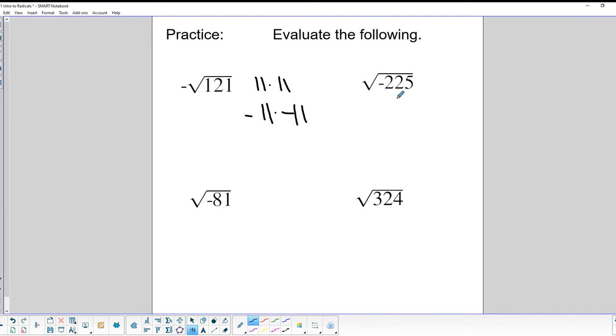For the square root of this, the negative sign is inside the radical symbol, so you can't do it. So no solution or undefined. All right, keep on going here. What about this one? Oh, the negative sign's inside again, so no solution.